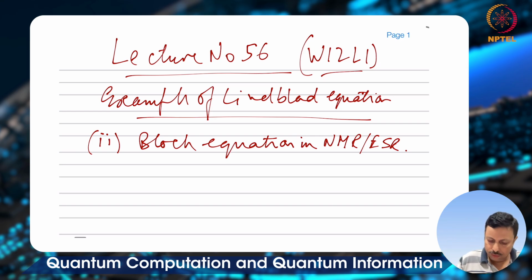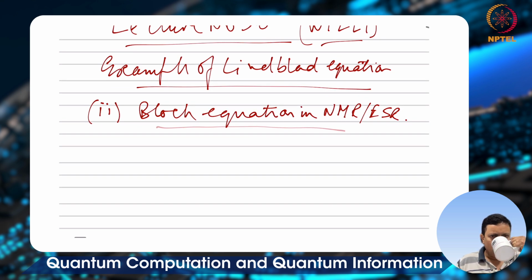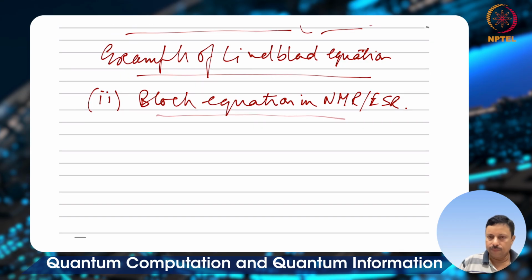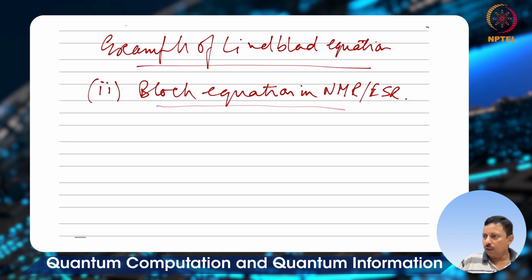So today we'll do a further example of the Lindblad equation, which is the Bloch equation in NMR or ESR. That's a very famous equation, but whereas the Bloch equation was phenomenological, we will derive it using the Lindblad mechanism. Very good.